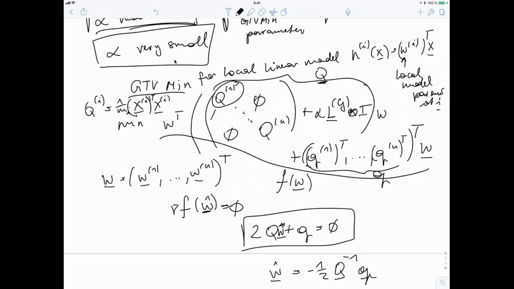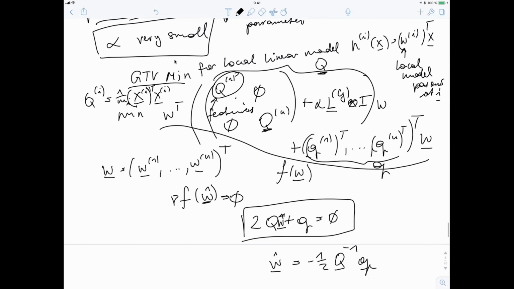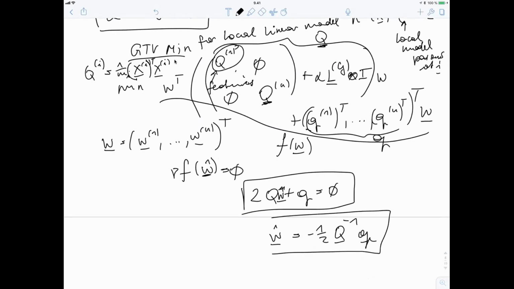So here we have the features at node i. And you will compute this solution using this formula. Does any one of you have doubts or is concerned about this approach?